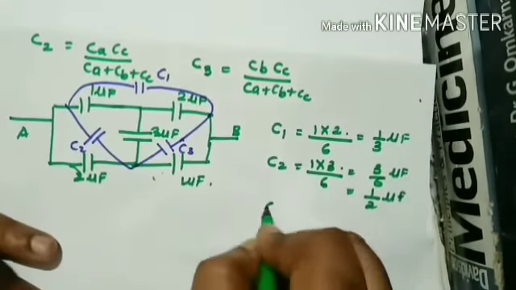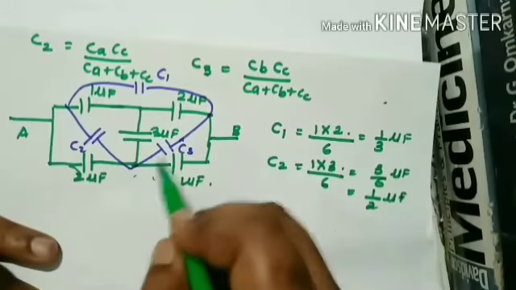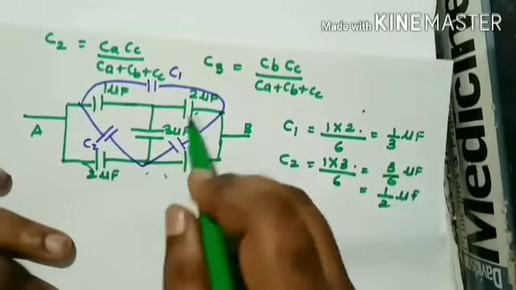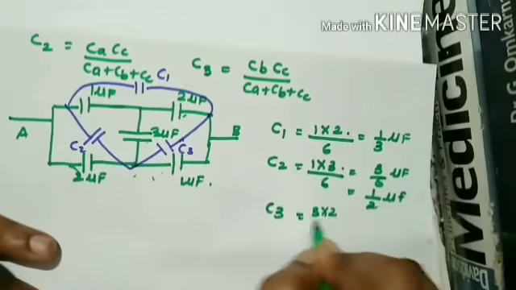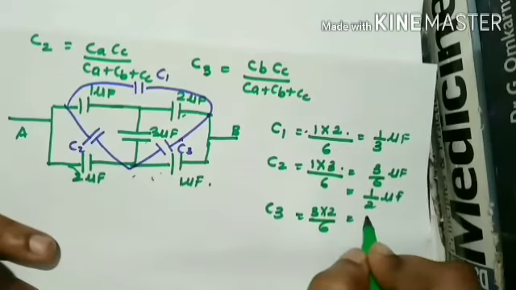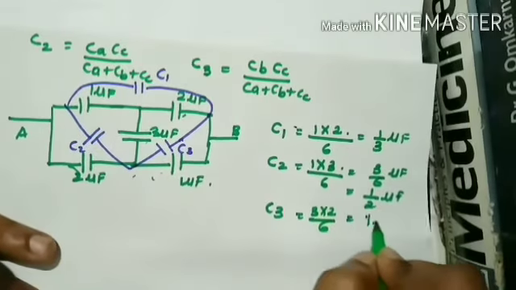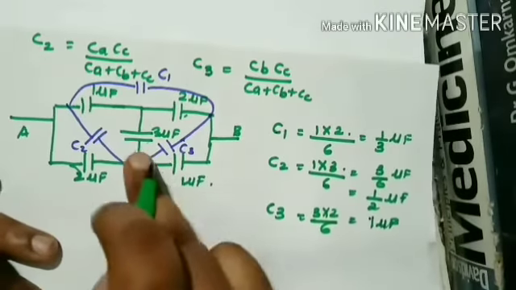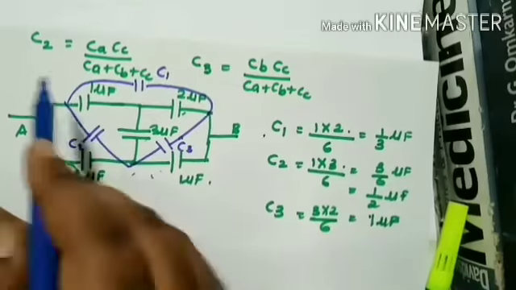So what is C3? C3 is between 3 and 2. So it is 3 into 2 divided by 6, that becomes 1 microfarad. So I'm going to redraw the circuit again with the delta.